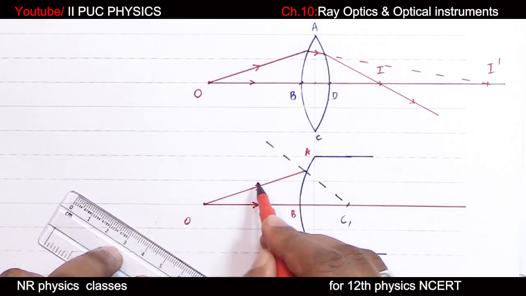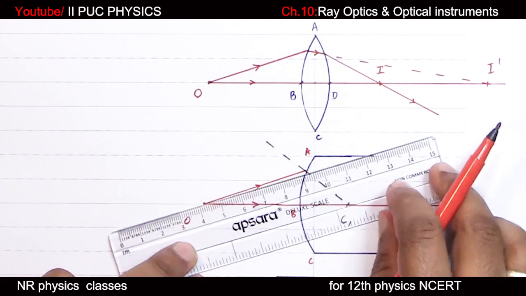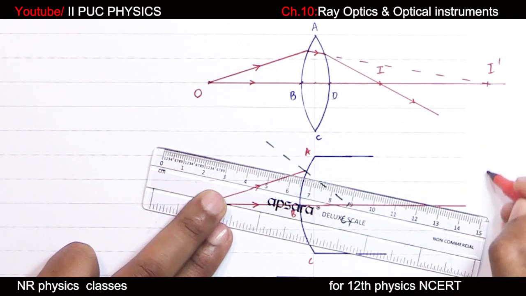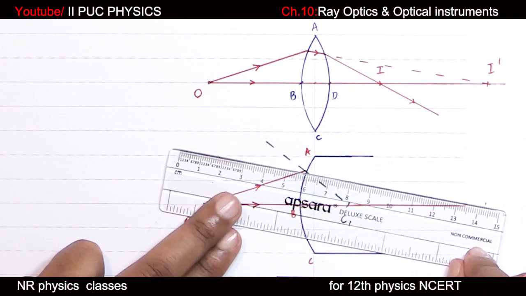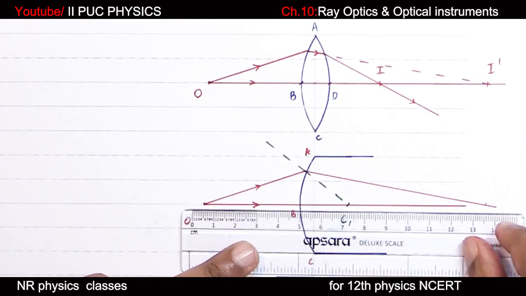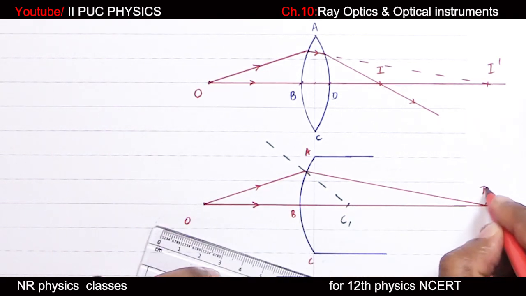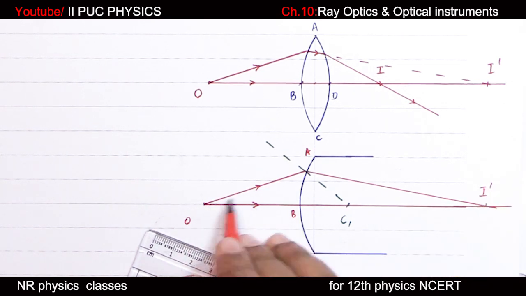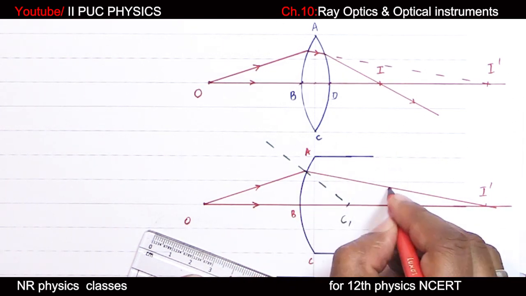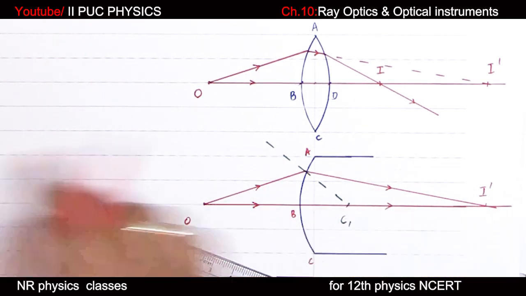The light ray is traveling from, say, rarer medium to denser medium. Rarer to denser bends towards the normal. So let me show the bending. This is the reference point. So the light ray meets the principal axis at I dash. Understand? Incident diverging rays mean real object. Because of converging rays, real image. Real object, real image.